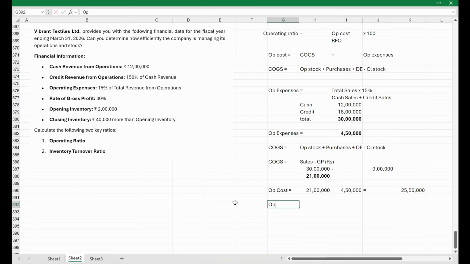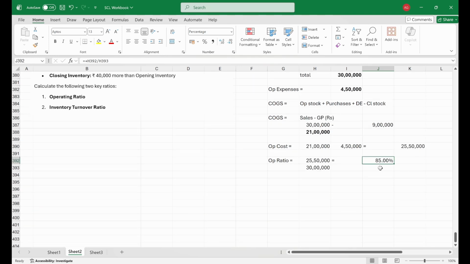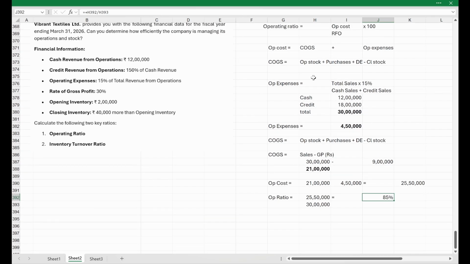Now operating ratio is equal to operating cost divided by revenue from operations into 100. Therefore, the answer is 85%. Okay, so this is the first part of the question, operating ratio.